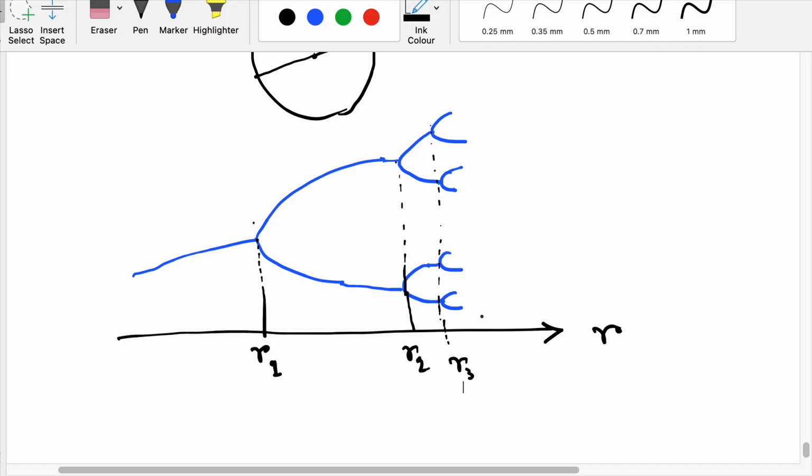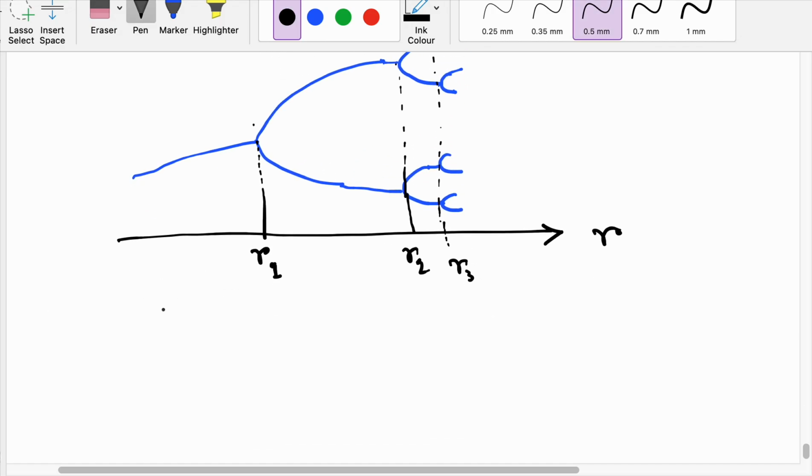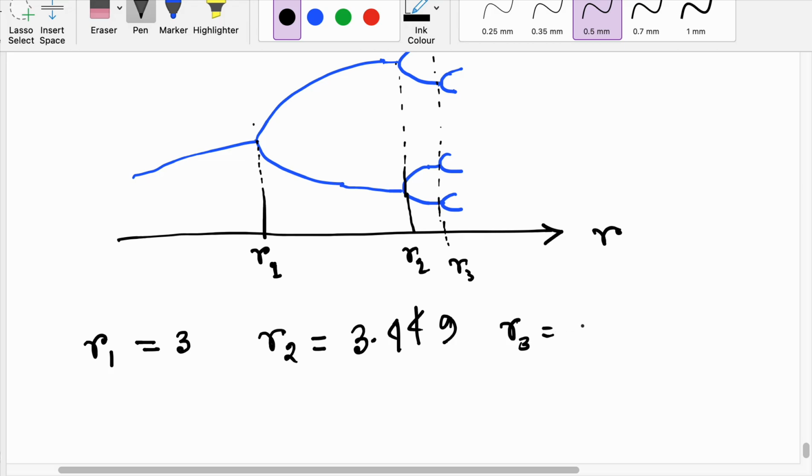For the logistic map, r1 is exactly 3, which we have calculated, and r2 is 1 plus root 6, which we have also calculated, so it is 3.449. r3 is 3.5409.